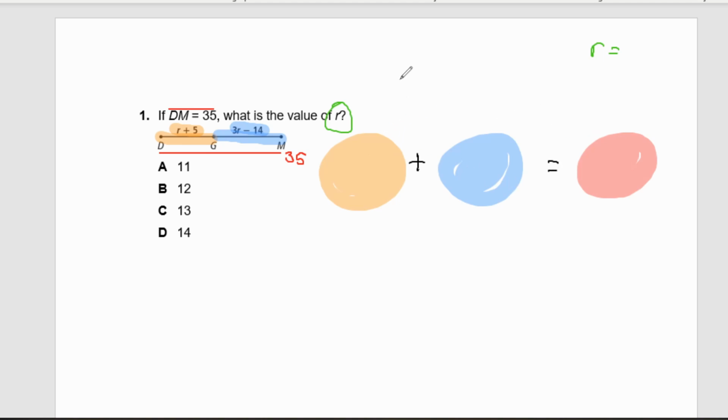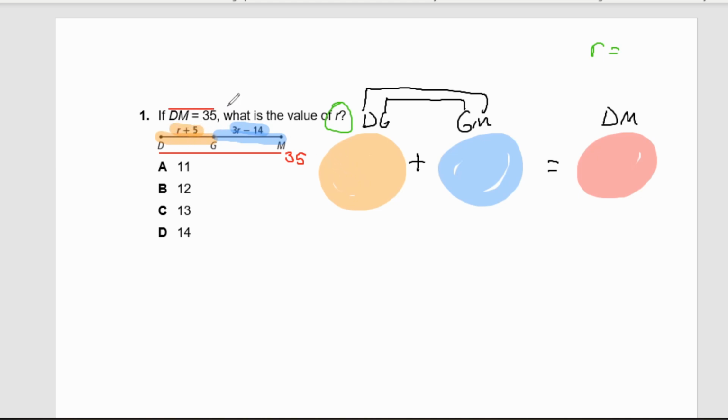So this is my segment addition postulate set up. Here I have DG, here I have GM, and here I will be able to find DM. And when I write it this way, you can see that they can be added together, and these would drop out to make my new line segment DM, which is part of our goal. If I can set all three of these up, I can then solve for R.